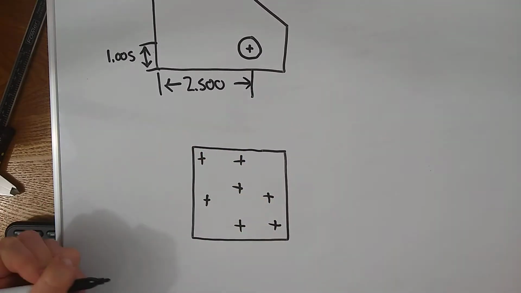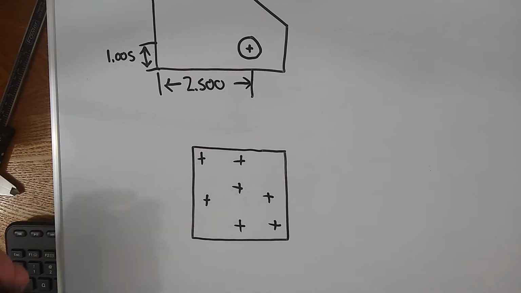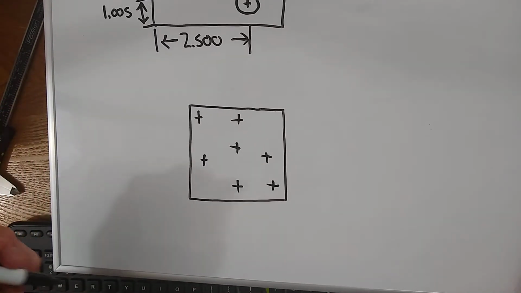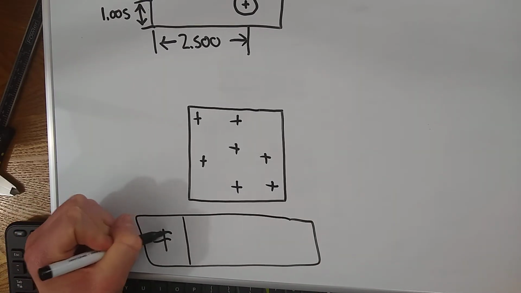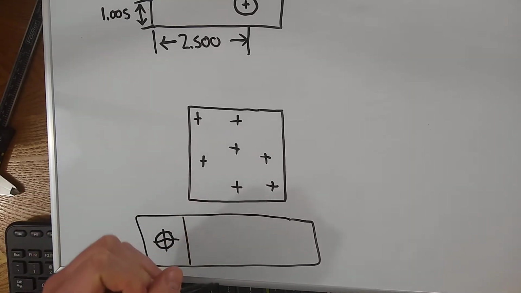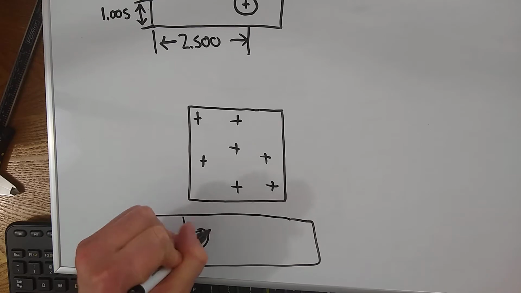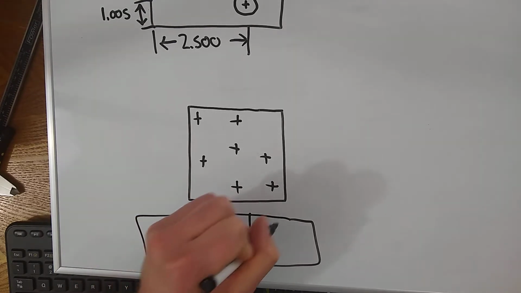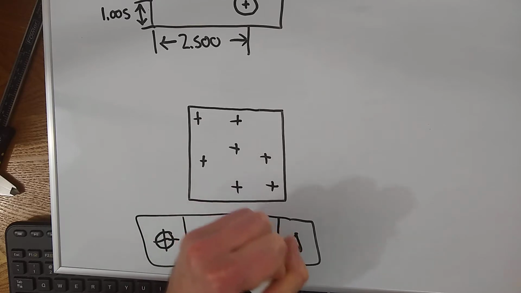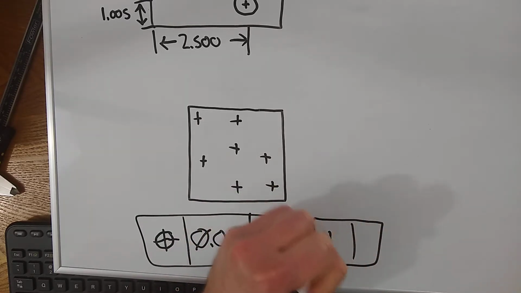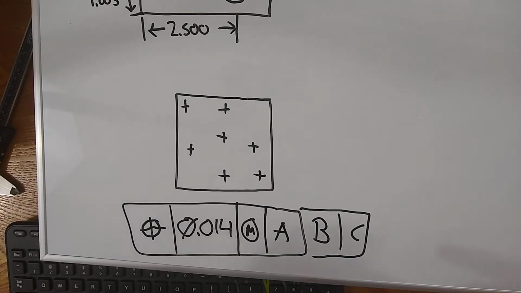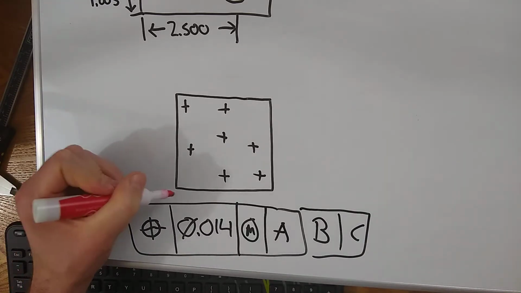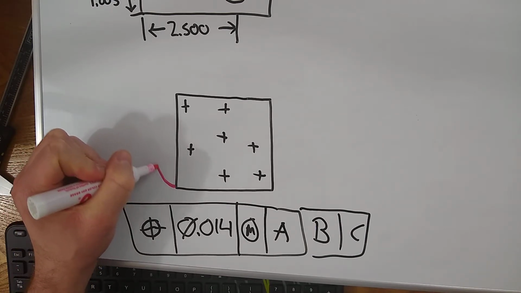Now, what the GD&T true position symbol does, at maximum material with datums A, B, C, is give you a circular tolerance.